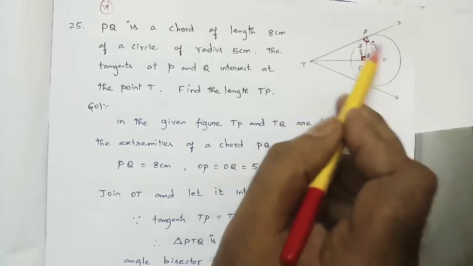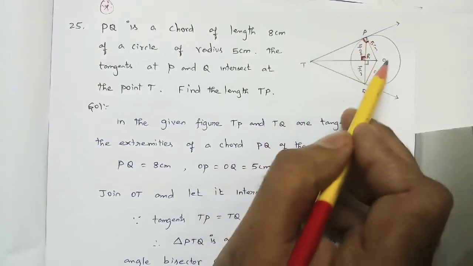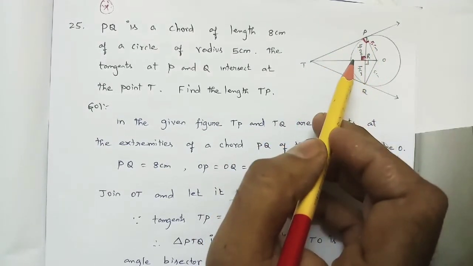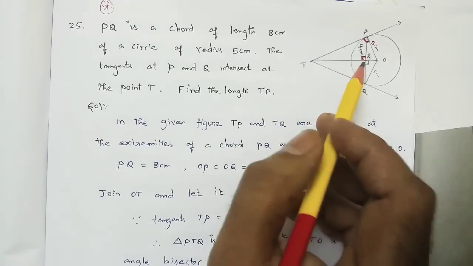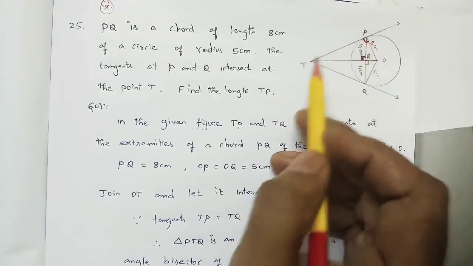For finding TP alone, I am taking these three right angle triangles and, using the Pythagoras theorem, I am going to find the length of TP.